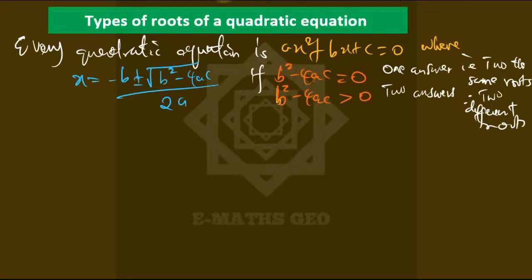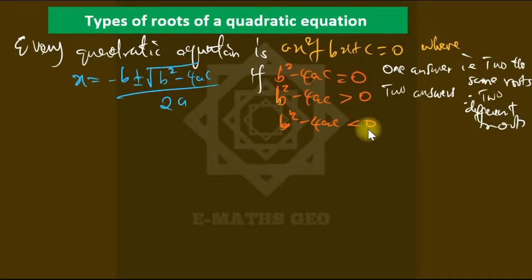The last condition is if it's less than 0. If this is negative, we know that the square root of a negative number is not defined in the real plane. We're not talking about the complex plane.